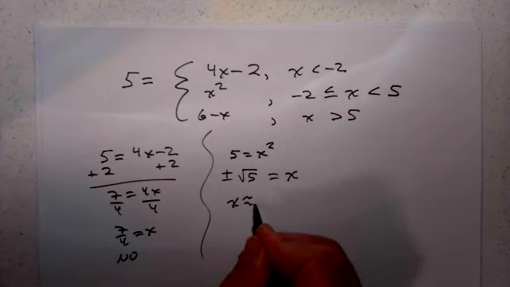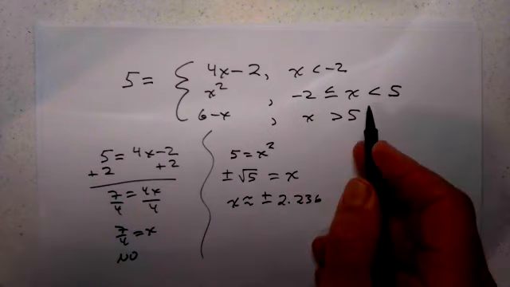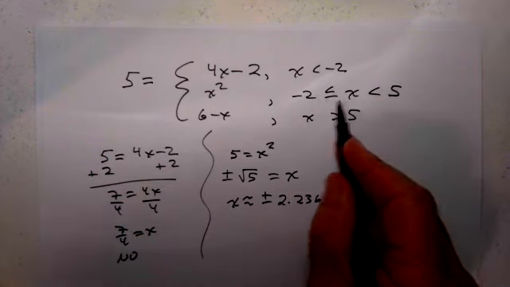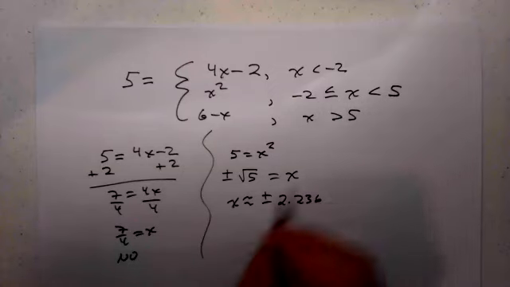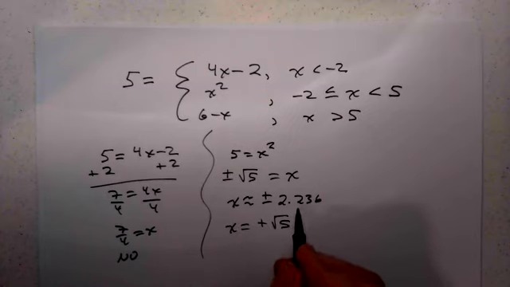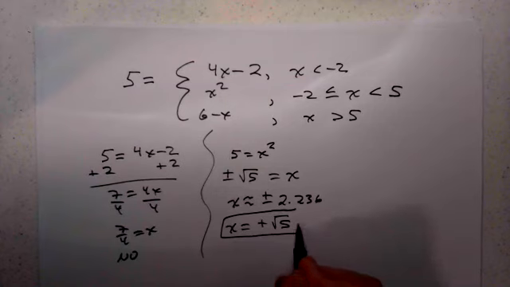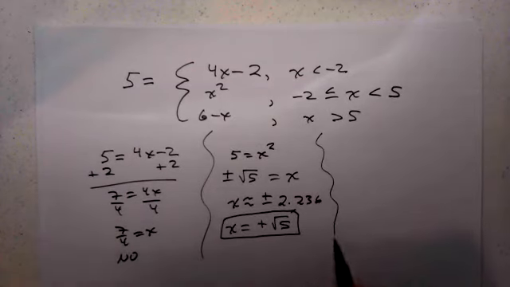So x is approximately plus or minus 2.236. Negative 2.236 is not in the interval, but positive 2.236 is. So therefore, x could equal positive square root of 5. That is in the interval. But the negative 2.236 is not in the interval, so that rule doesn't hold.